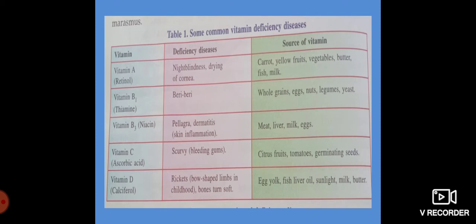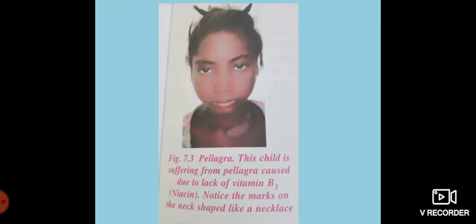Vitamin B3 deficiency causes pellagra. The patient who suffers from pellagra is shown in the figure. This child is suffering from pellagra, which is caused due to the lack of vitamin B3, also called niacin.